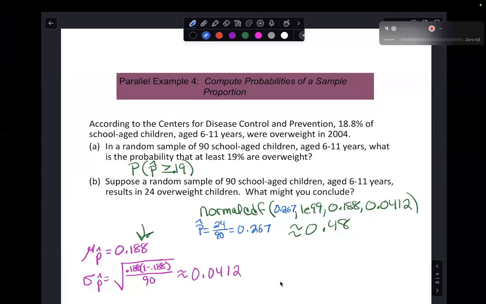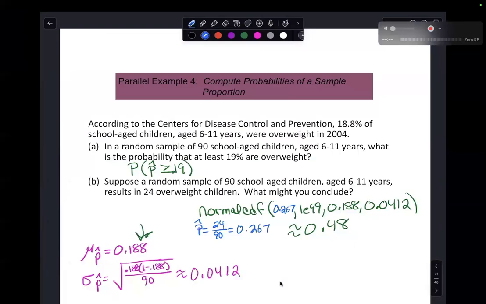So therefore, what it's looking for here, it says, what might you conclude? This is kind of just you speculating. Maybe these kids were living in a food desert. Maybe the actual percent of kids that are overweight is not 18.8%.